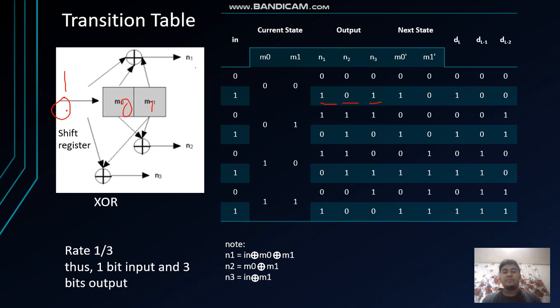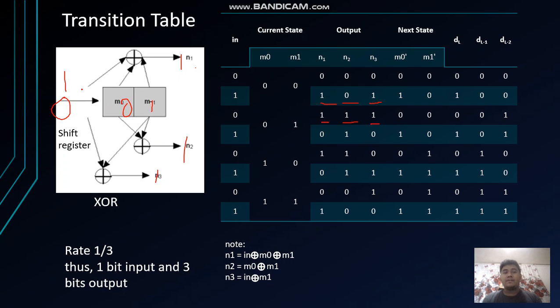If our input is 0, then in our n1, 0 plus 0 plus 1 is equal to 1. Next is M0 plus M1, so 0 plus 1 is equal to 1. And in our n3, the input is 0 and M1 is 1, so 0 plus 1 is equal to 1. So our answer is 1 1 1.